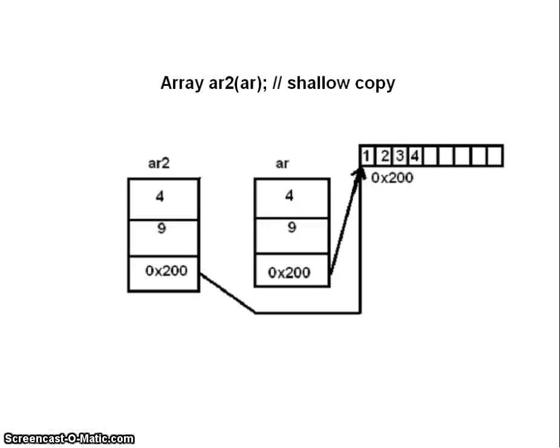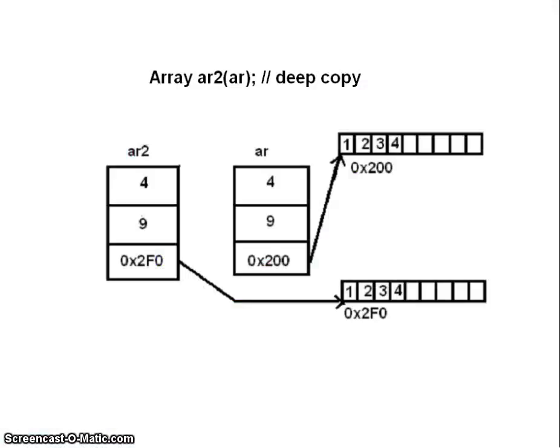Let's look at pictures. This is our deep copy. When we create our second object, we must allocate new memory at a new address and copy all values from the array of integers that belongs to the first object, and this is called deep copy.